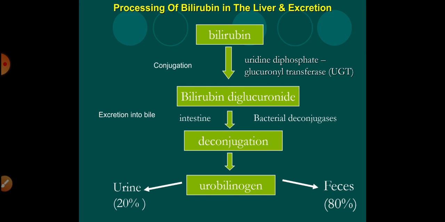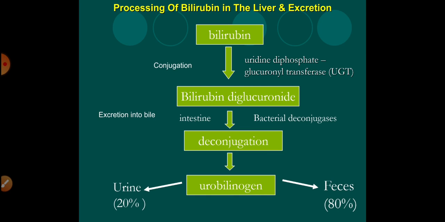Once the bile enters the gut, it will be metabolized by the bacterial deconjugases and it will be converted to urobilinogen. Major part of the urobilinogen is excreted along with the stools as stercobilin, which is responsible for the color of the stools.